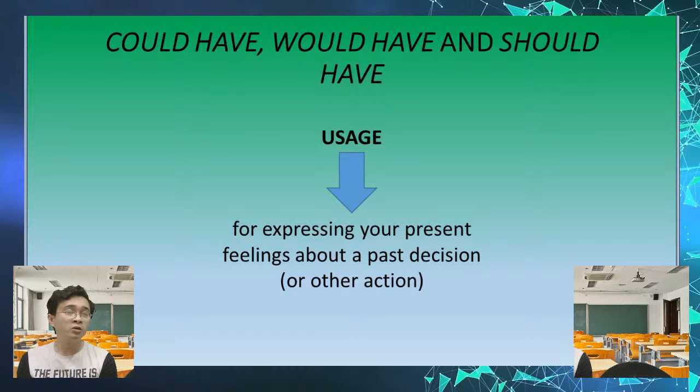Sometimes we call them time machine modals, because we can go back to the past and express our decision about it. But of course, we can only glimpse the past, we can't change what happened.